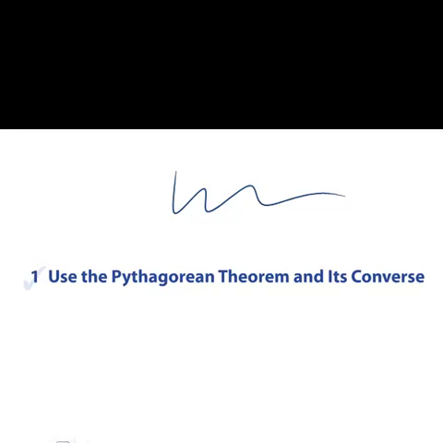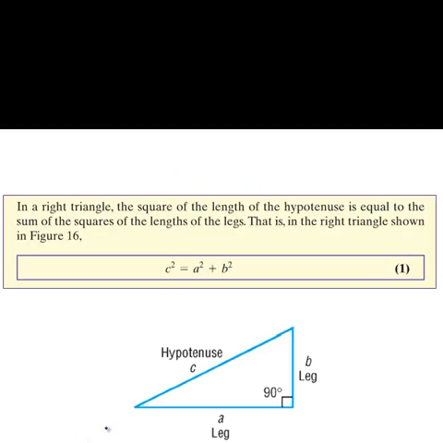All right, so we are going to now take a look at one of the important ideas that resonate throughout all of mathematics, and it's just a simple idea from geometry that talks about the relationship between the lengths of the sides of a right triangle.